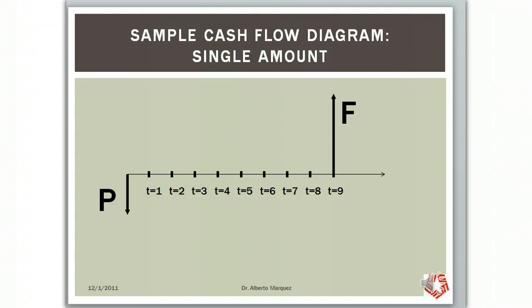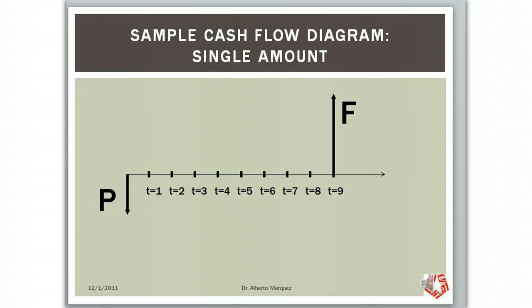The cash flow at t equals 0 has the arrow pointing down, and that means that the sign of the cash flow is negative, and that represents money that is no longer available for the investor. And in this diagram we have 9 periods between the two cash flows, and at the last period, t equals 9, the investor will have available the cash flow back.